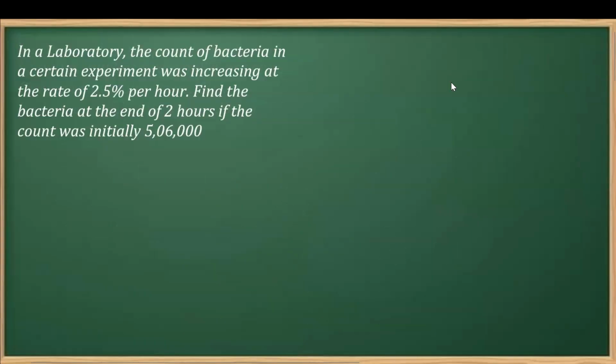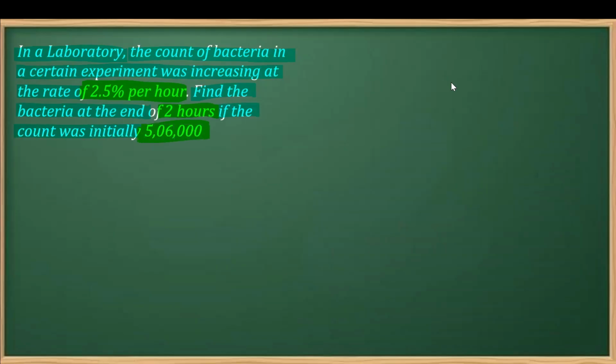Now in this question it says in a laboratory, the count of bacteria in a certain experiment was increasing at the rate of 2.5% per hour. Further, it says to find the bacteria at the end of 2 hours. That means after 2 hours, we have to find the bacteria, and it says that the initial count of the bacteria was 5,06,000.